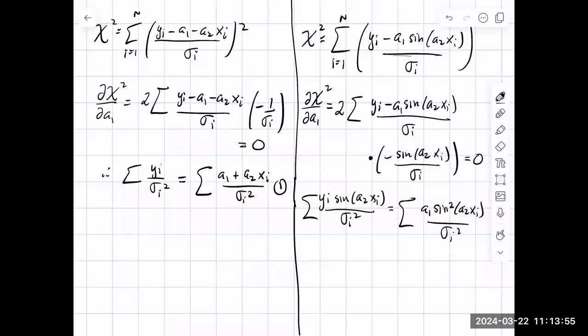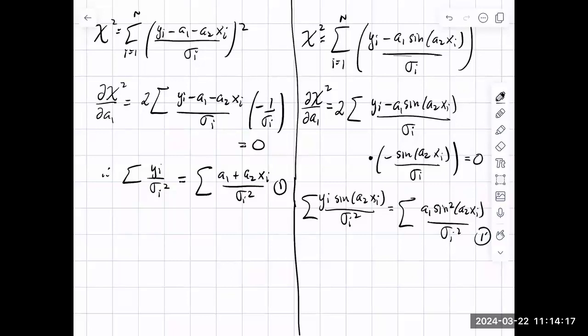If we compare these two, I'm going to call this equation 1 prime. On the right-hand side, we have a sum that involves both of the unknown parameters. And so that's similar in the two cases.